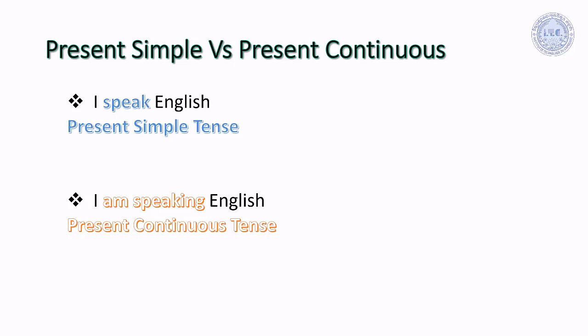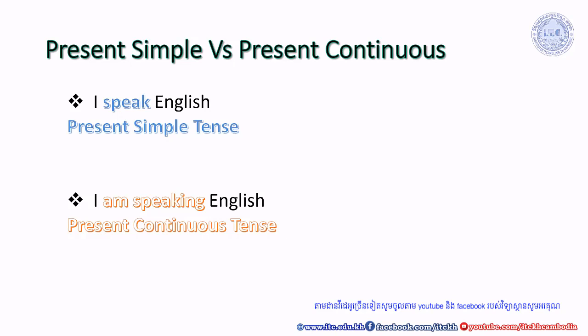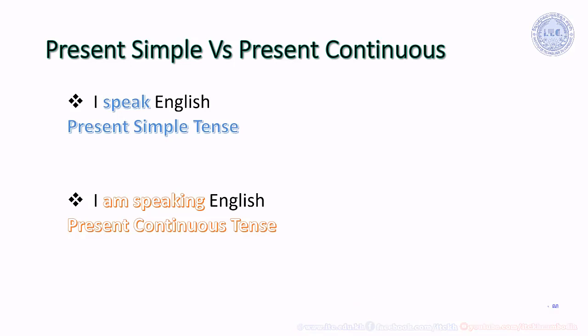So we use present simple tense in this sentence. But when I say I am speaking English, I refer to what I am doing right now. It is a temporary action because in a moment I might start speaking in Khmer. So we use present continuous in this sentence.